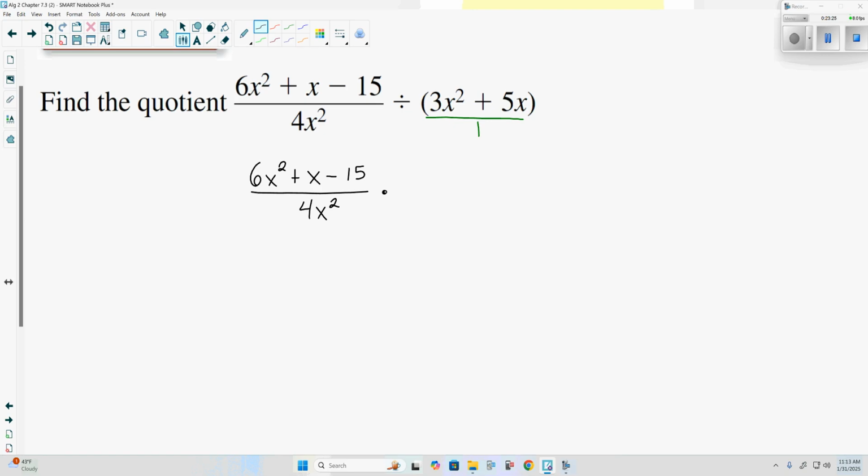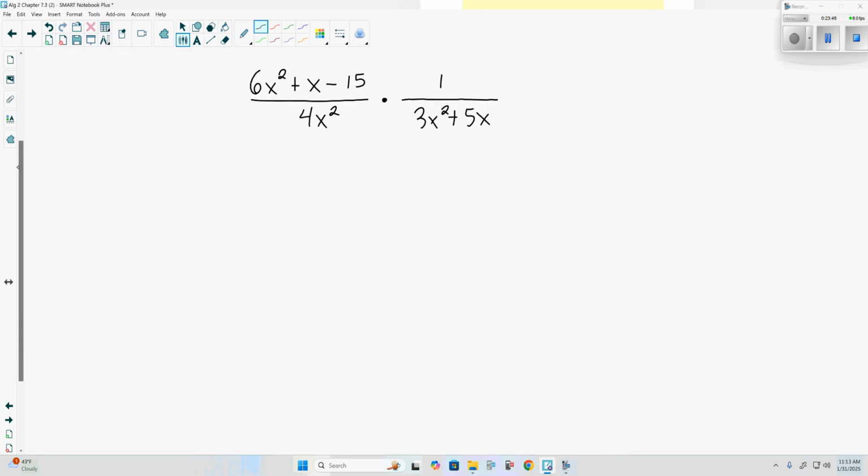Our first step is to change it from division to multiplication and then flip the second rational expression. So now the 1 has gone from the denominator to the numerator. So we definitely have to list it this time.